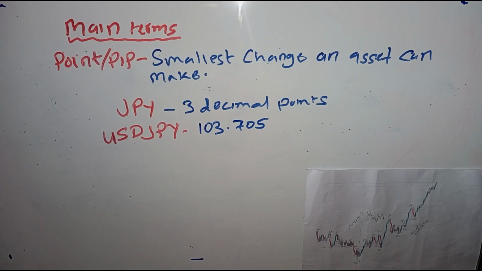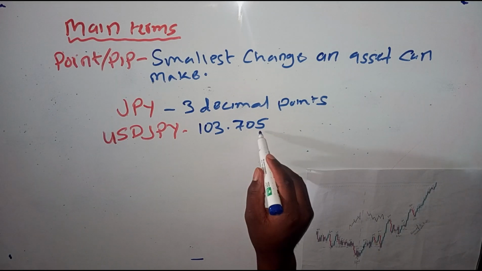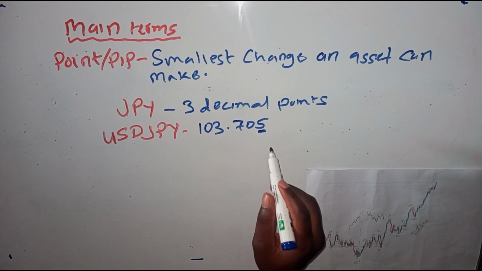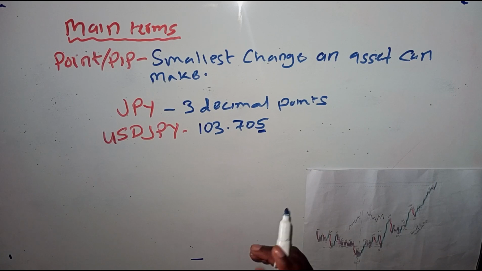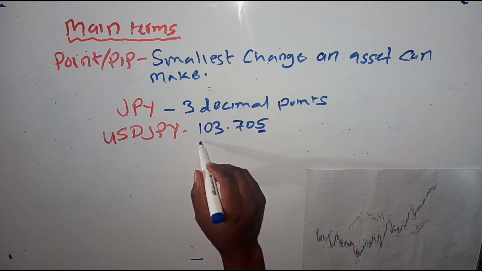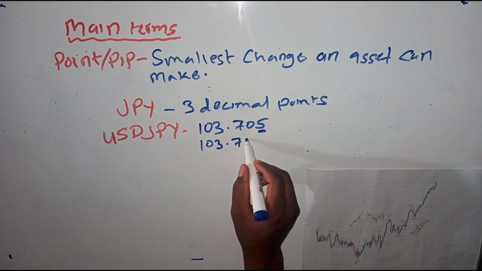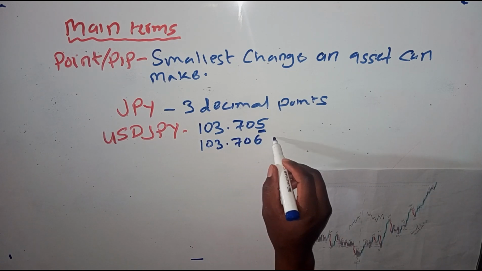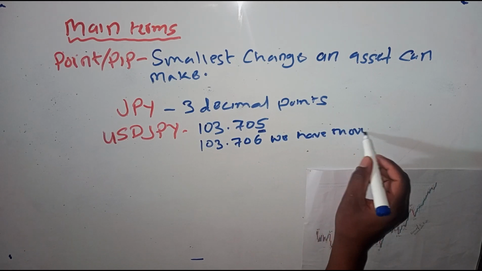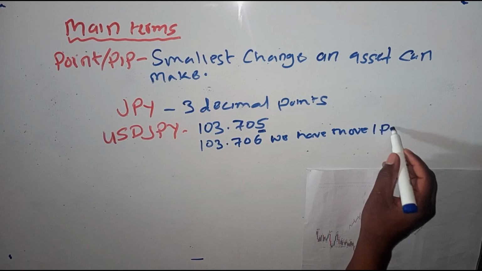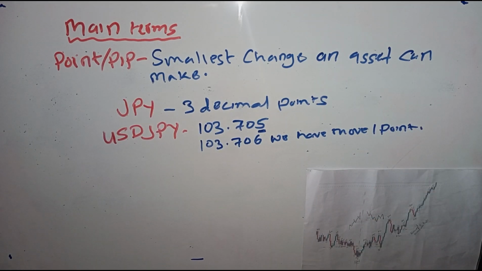The last decimal of a price quotation represents a point. So if this moves to 103.706, we have moved 1 point up.